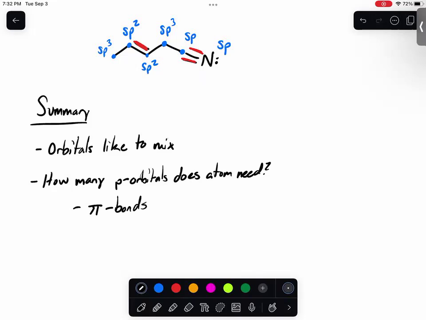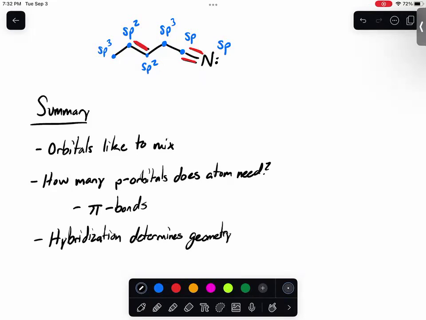And then the other thing that you need to keep in mind is the hybridization determines geometry, right? It determines how things are shaped.